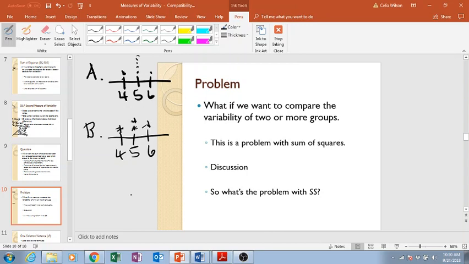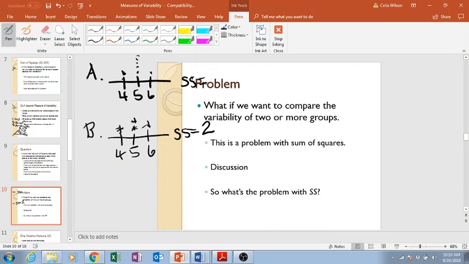All right, so if I'm thinking about sum of squares, if I work through this, and I would encourage you to work through both of these, go ahead and do it, maybe pause the video and figure it out, sum of squares is going to be 2 for both cases.